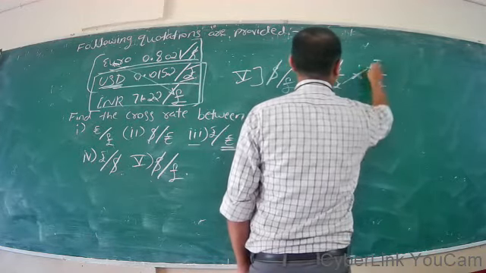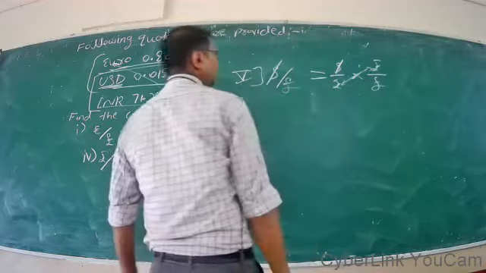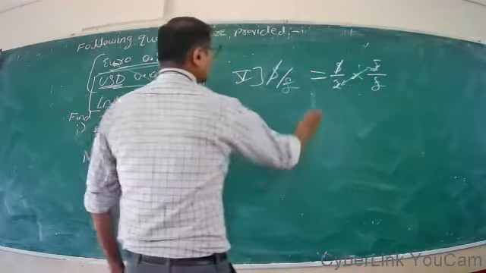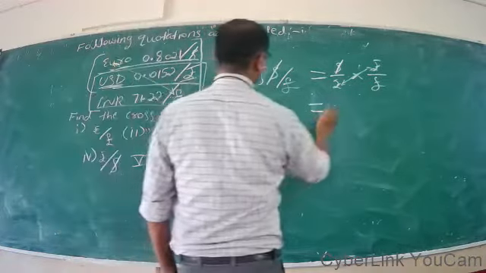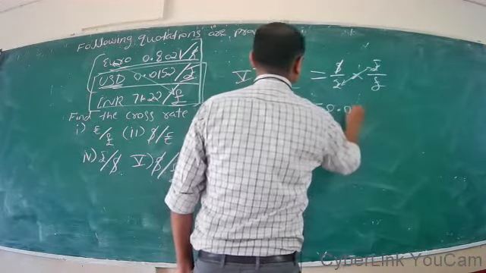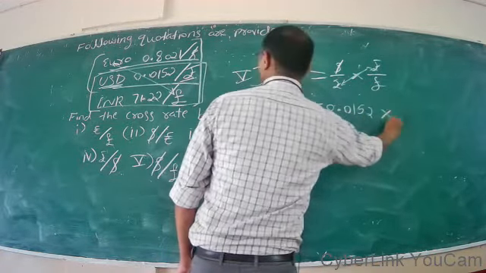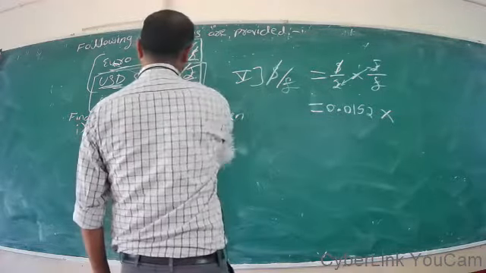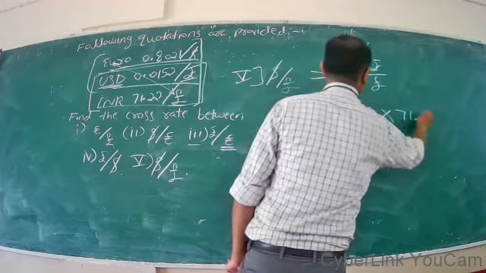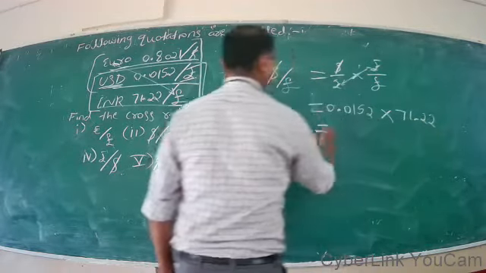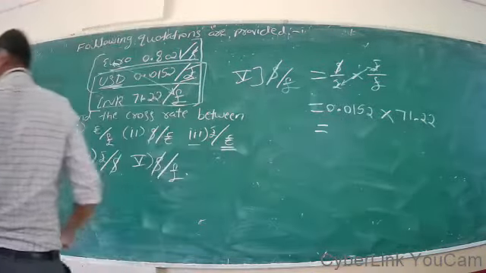So the rupee cancels while we cross multiply, right? Dollar per rupee is given as 0.0152, multiplied by rupee per sterling pound, which is given as 71.22, right?